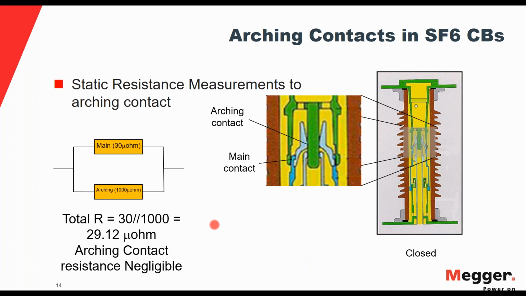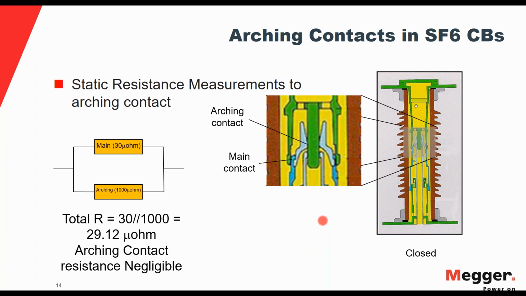So you can't really find the value of that arcing contact. Only the main contact is shown here. From 30 in parallel with 1000, you find 29.12. So really the 1000 is not showing much. If there is any problem with the arcing contact, you cannot find it using just a normal contact resistance test.